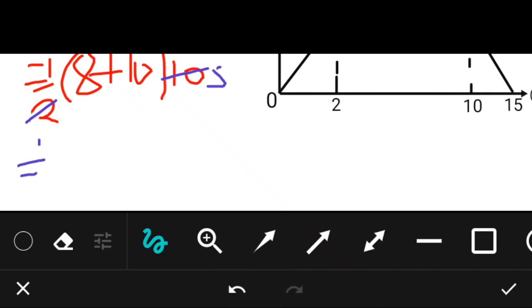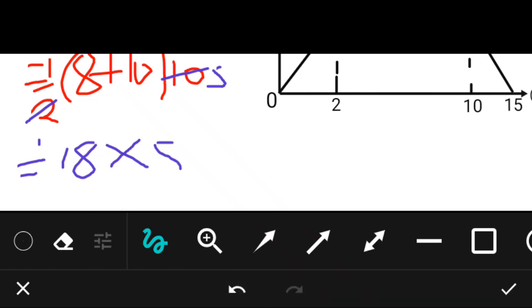So this is equal to 18. Then here the brackets indicate the multiplication sign. So 18 times 5, because we divided 2 into 10, we said it's 5. So 18 there times 5.